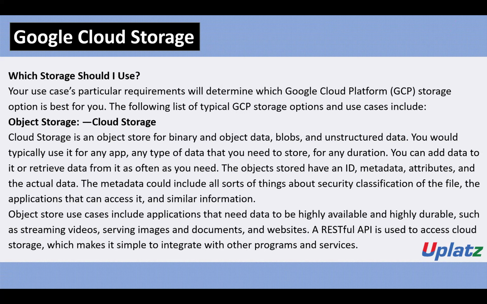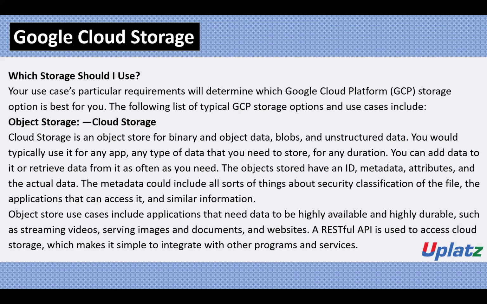You would typically use it for any app, any type of data that you need to store for any duration. You can add data to it or retrieve data from it as often as you need. The objects stored have an ID, metadata, attributes, and the actual data.